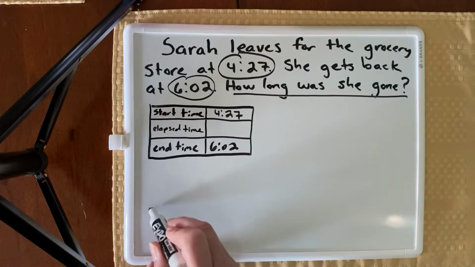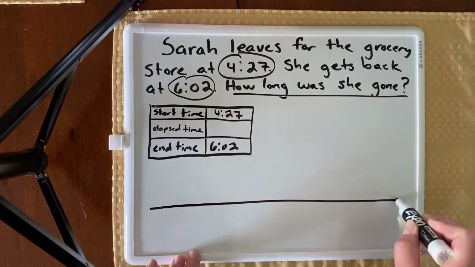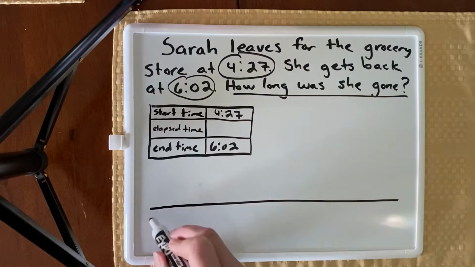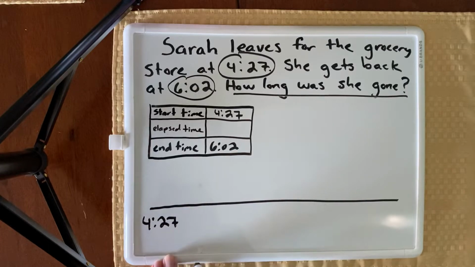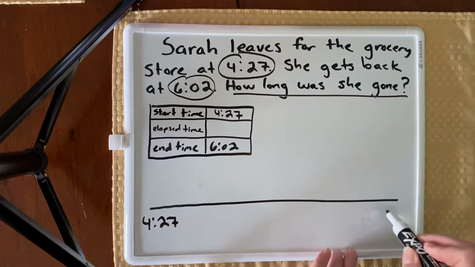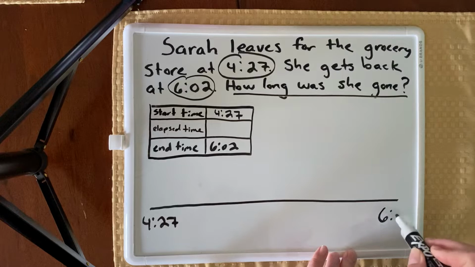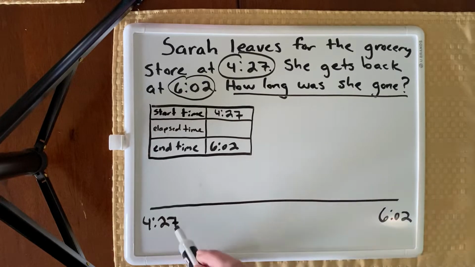So I'm going to put my number line down here. I'm going to start over here at 4:27 because that's when she left for the grocery store. And then when she gets back, it's going to be 6:02. I need to find out how long that was in between.